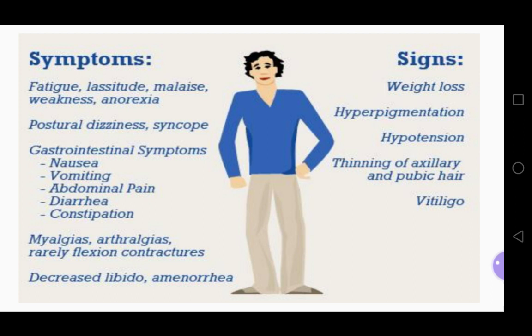They may come with GI symptoms like nausea, vomiting, abdominal pain, diarrhea, constipation, or there may be myalgias, arthralgias, decreased libido, and in females maybe amenorrhea. Signs include weight loss, hyperpigmentation, hypotension, thinning of axillary and pubic hair, and vitiligo.